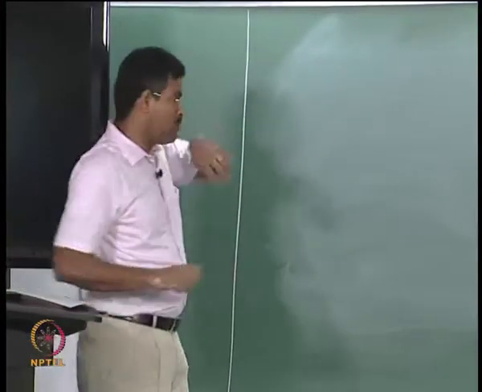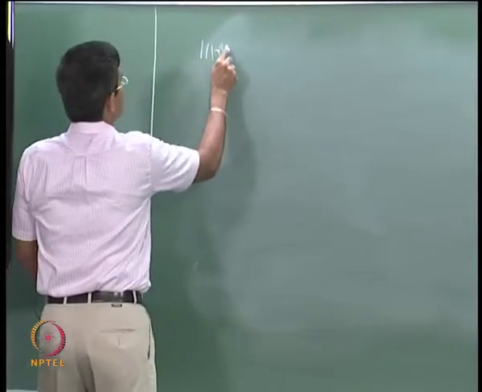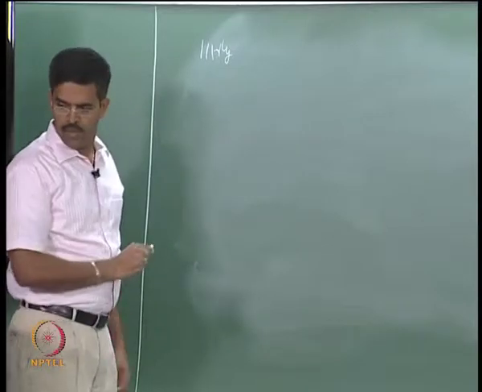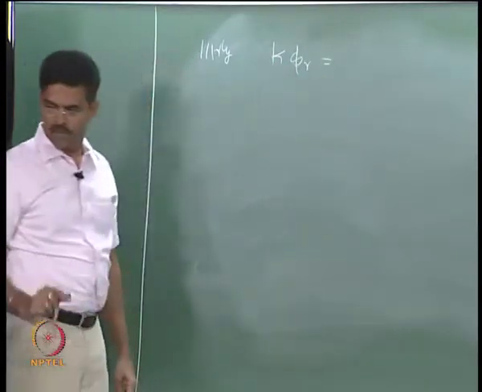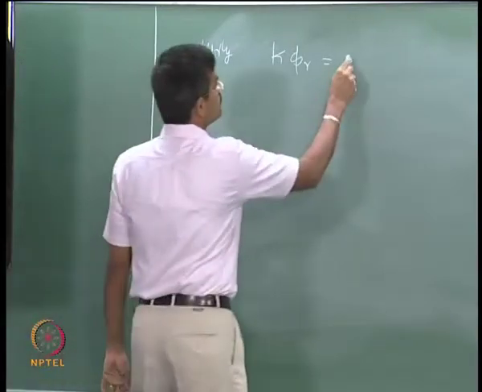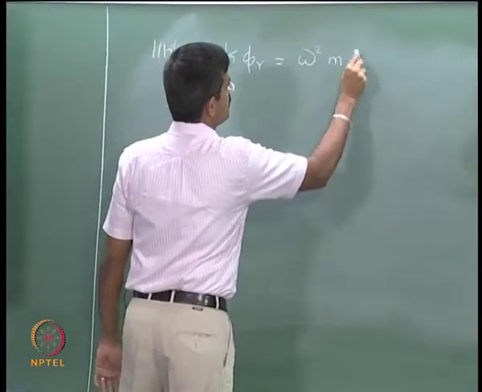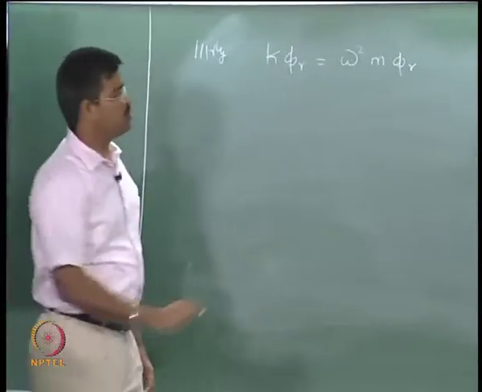So, the original equation what I had is, similarly, K phi r, which is omega square m phi r. I use r here.